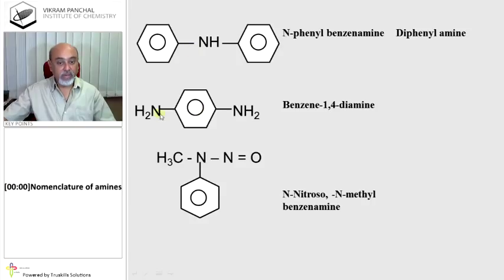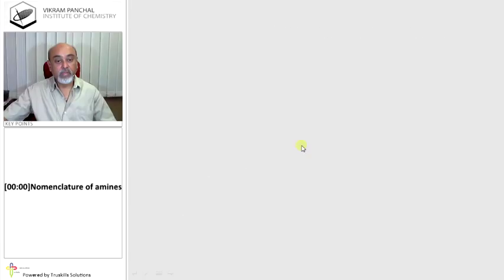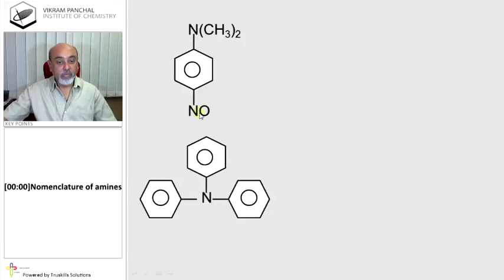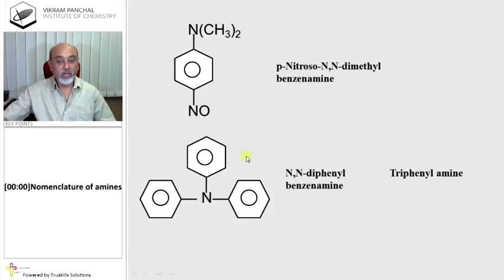Benzene 1,4-diamine. NO group is nitroso. So N-nitroso N-methyl benzenamine. Here nitroso group is present on para position. So para-nitroso N,N-dimethyl benzenamine. Here N,N-diphenyl benzenamine or triphenylamine.